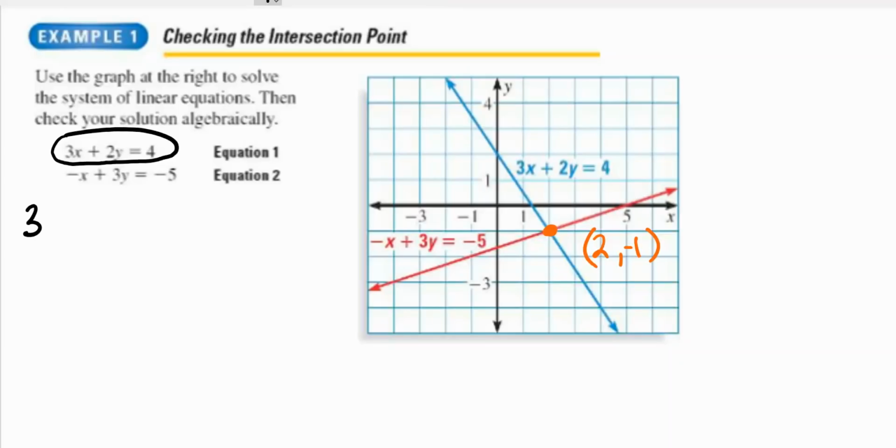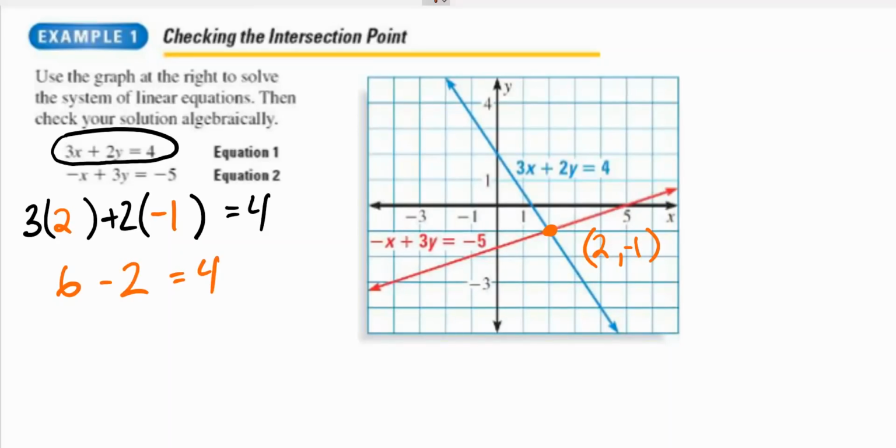So 3 times x plus 2 times y equals 4. We substitute in a 2 and a -1. 3 times 2 is 6, 2 times -1 is -2, and 6 minus 2 is 4, so 4 equals 4. So yes, this one does fit.